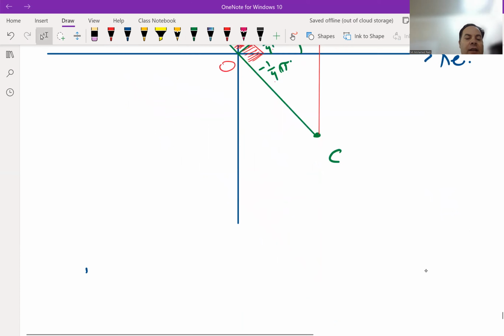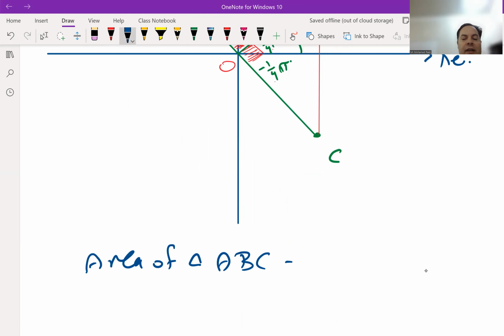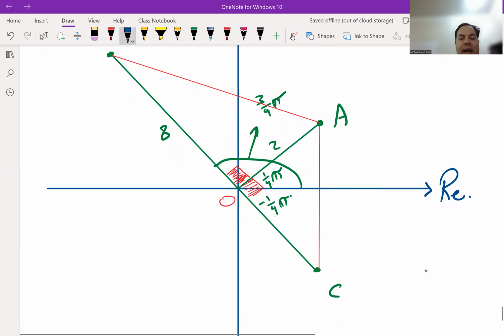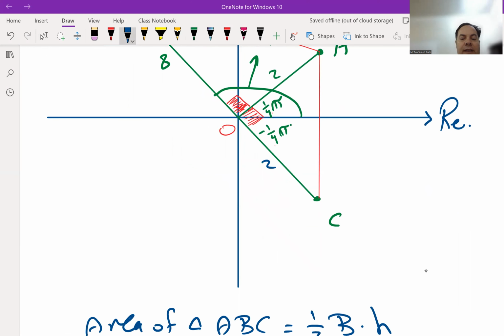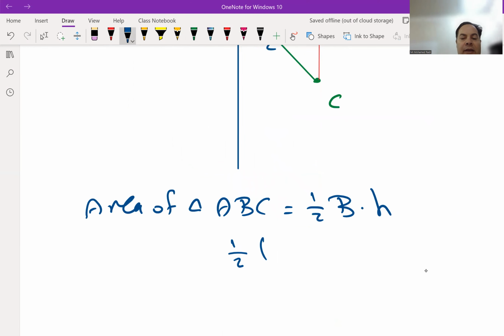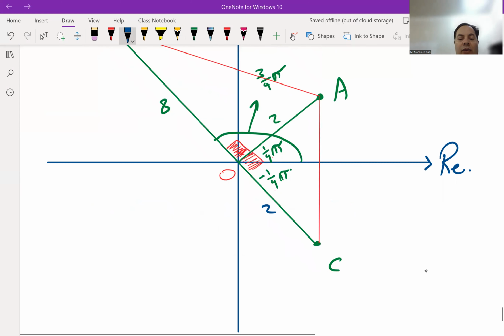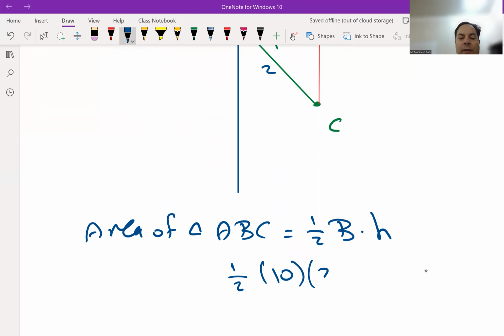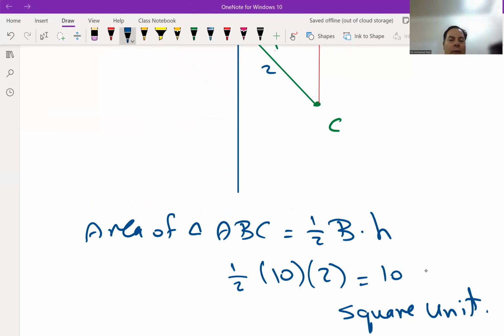So the area of triangle ABC is equal to half base times height. The base is 8 plus 2, which is 10, and the height is 2. So when you simplify, the answer will be 10 square units. This is the final answer for part B.